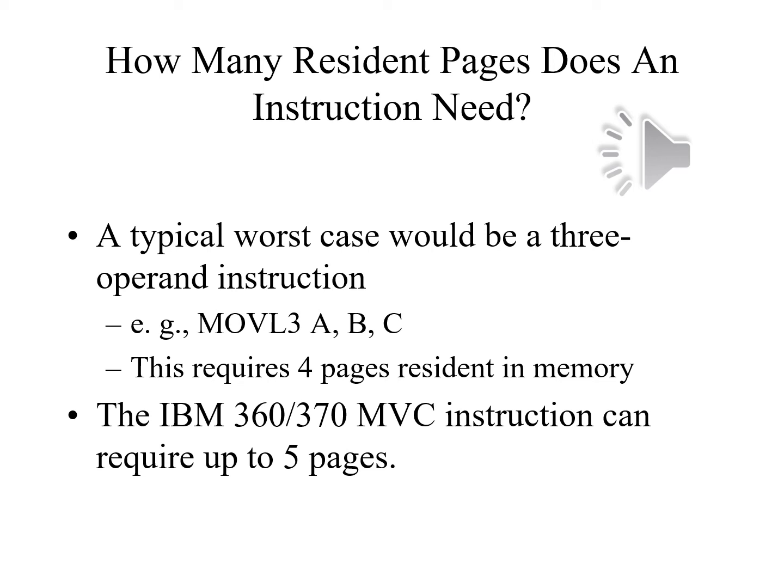Fortunately, these are the worst cases, and even if they do occur, the odds are very good that these pages will be used by previous instructions or subsequent instructions. This will limit the number of pages that we might need over a limited stretch of code.